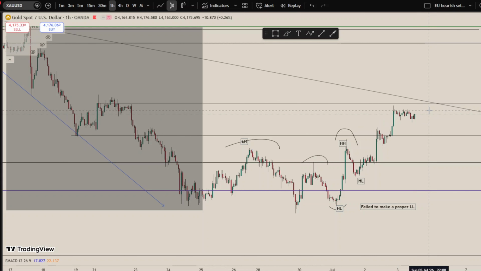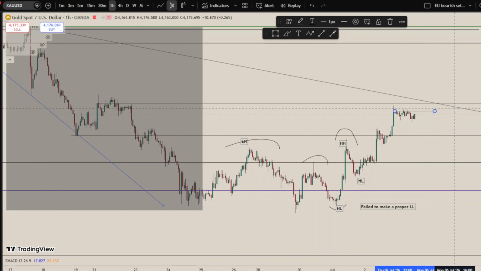If the price comes up here and makes a close above, then I might consider a buy for the price to come further up and touch this trend line or this resistance as well.